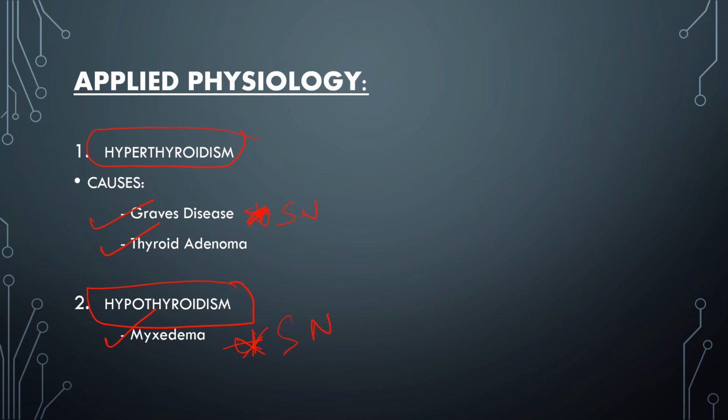Let us have a short discussion on Graves' disease. Graves' disease, we all know, is an autoimmune disorder and it is the most common cause of hyperthyroidism. Normally, the TSH or thyroid stimulating hormone combines with the surface receptors of the thyroid cells and causes the synthesis and secretion of thyroid hormones.